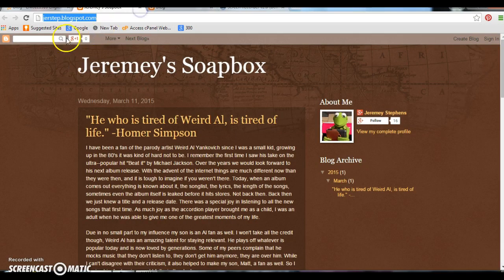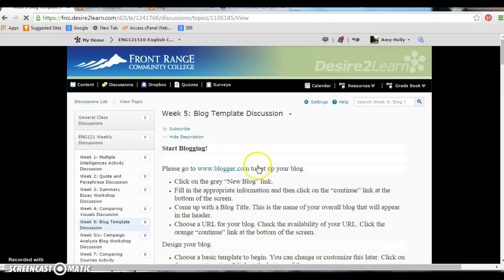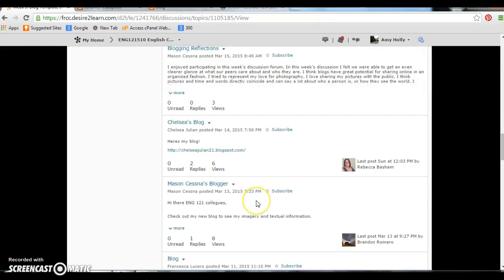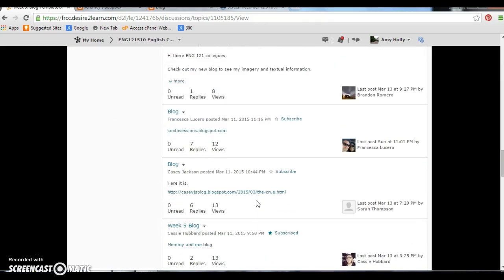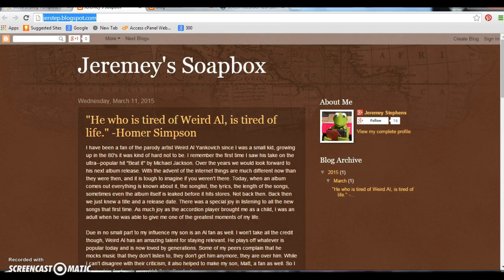Another one that I saw that met all of these criteria was Jeremy's blog, which is funny because he had commented on Francesca's here, but we can go to his and just take a look at how he was executing each of the components of the blogs that you guys were creating. So here's his. You can see another background.